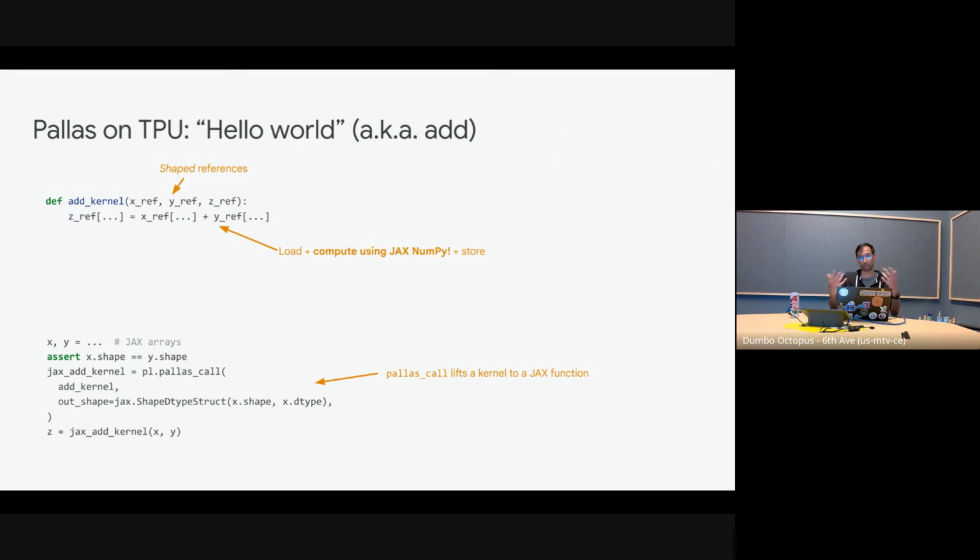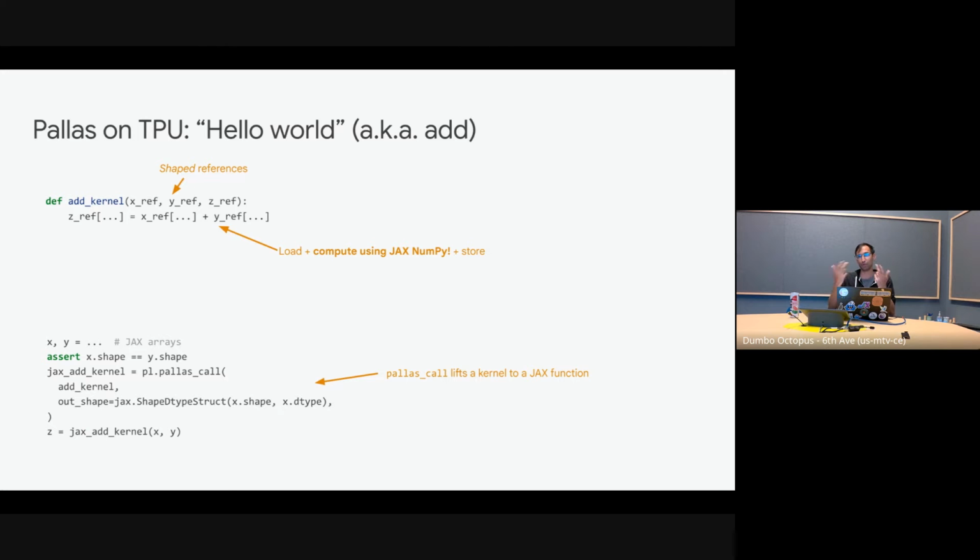You can take this kernel, and to embed it in a larger Jax program, you wrap it with pallas_call. By wrapping it, you get this Jax add kernel function, and this function takes in regular old Jax arrays and outputs regular old Jax arrays. So you can slot this into any larger Jax program. The only important thing to note here is this out shape.